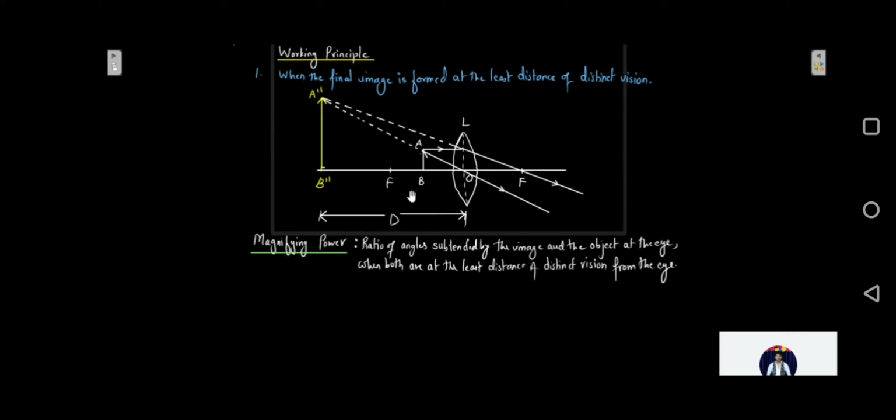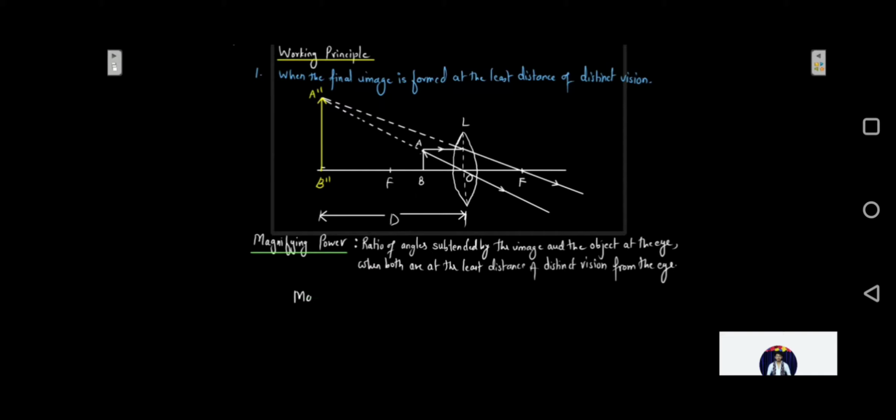So if my image as well as object is placed at the least distance of distinct vision, then the ratio of the angle subtended by the image and the object at the eye is going to be the magnifying power of that simple microscope. So again we'll write it in the formula form.